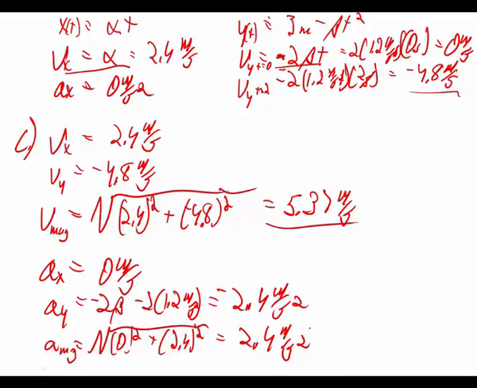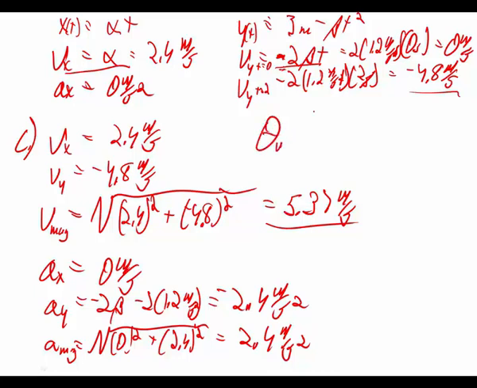Okay. All right, now, what does it ask for? Does it ask for direction? Yes, it does. It says calculate the magnitude and direction of the bird's velocity and acceleration. Okay. Let's see, what would its velocity direction be?